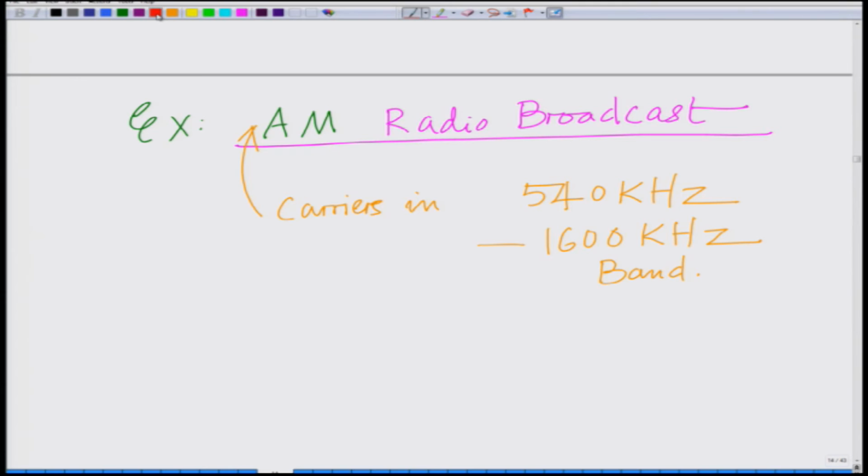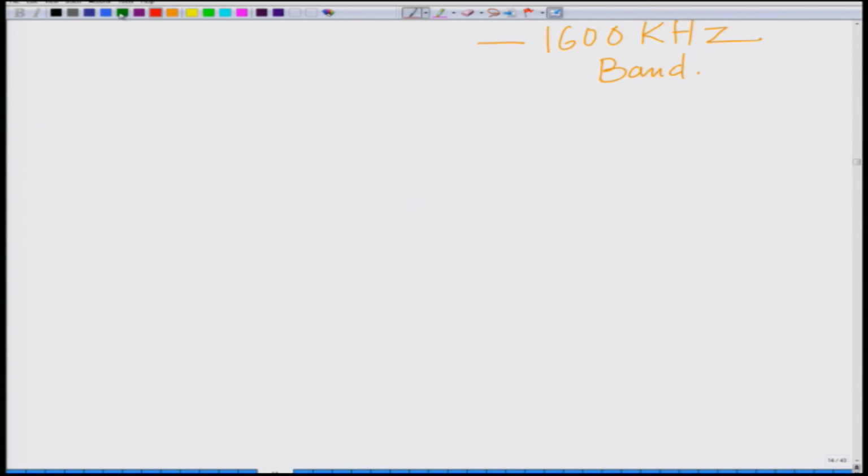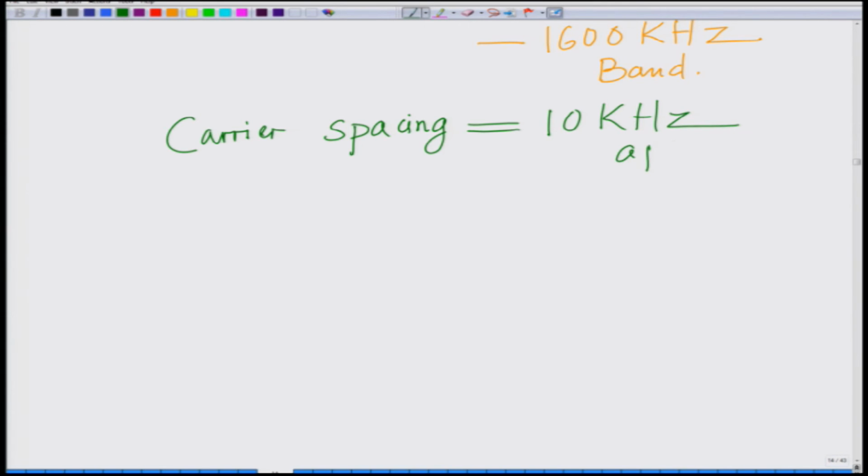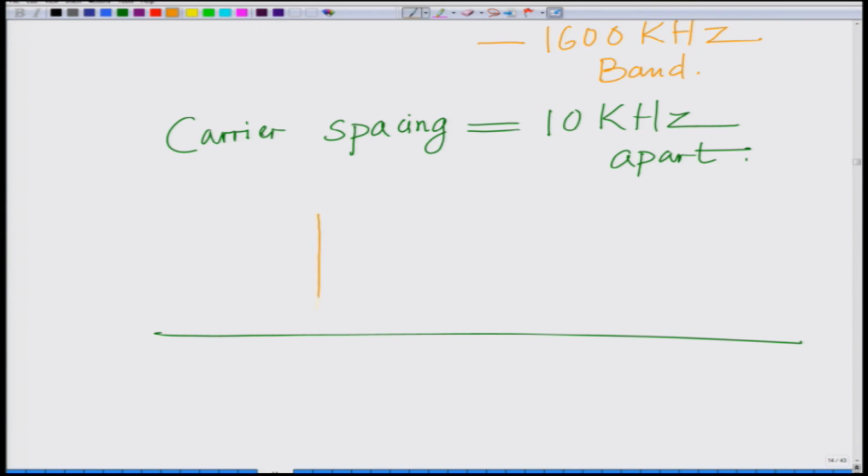Now the carrier spacing is 10 kilohertz, the carriers are spaced 10 kilohertz apart.